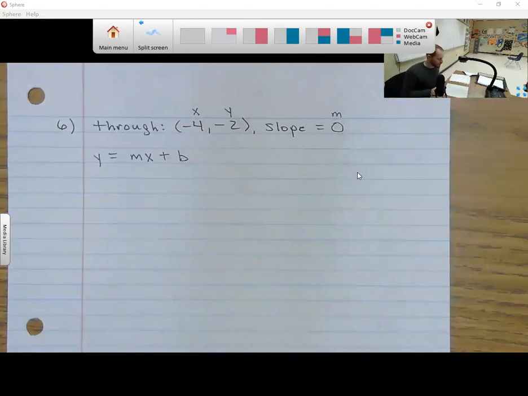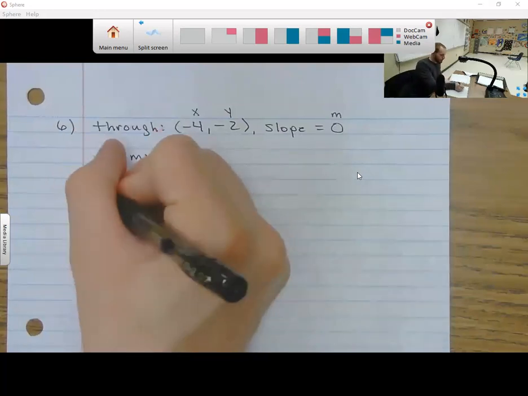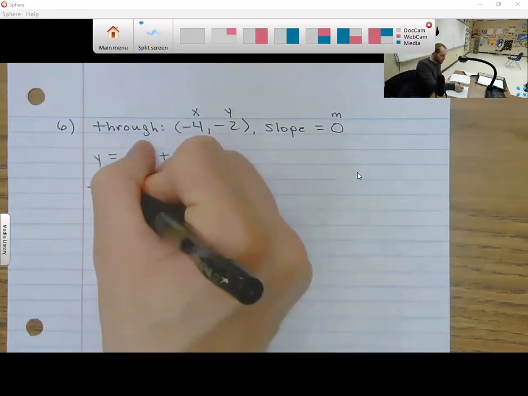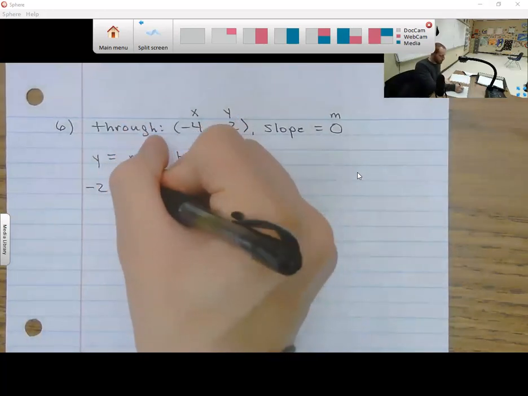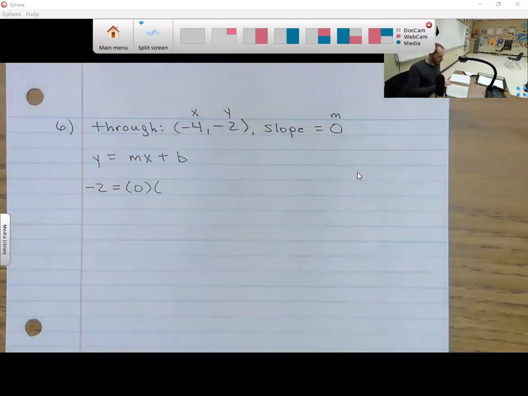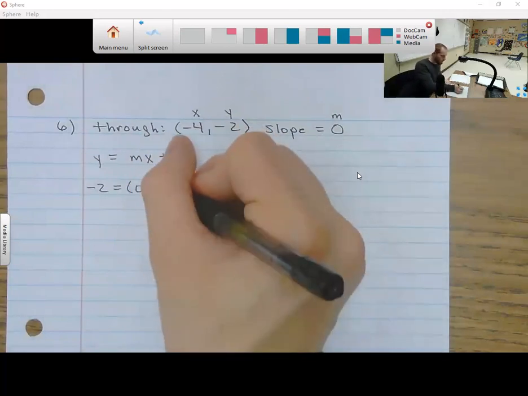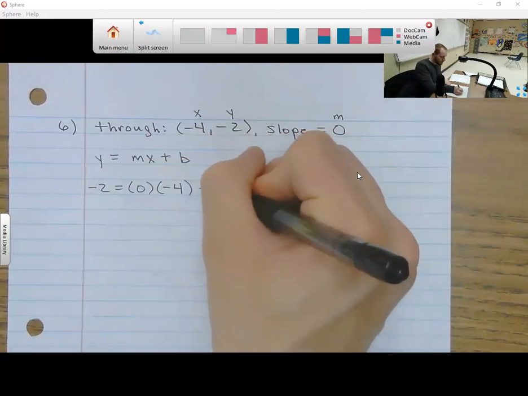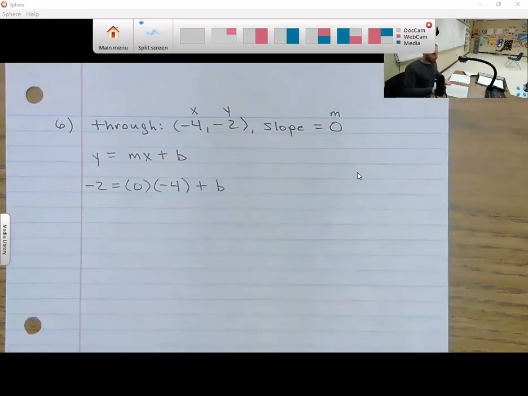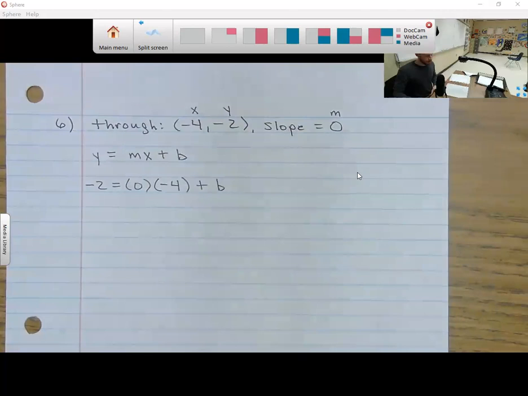Okay, so now I just plug in. My y is going to be negative 2 equals m is 0, so I plug that in. My x is going to be negative 4, and then plus b. And they don't tell me what b is. They never do. I wish they would tell me, though.